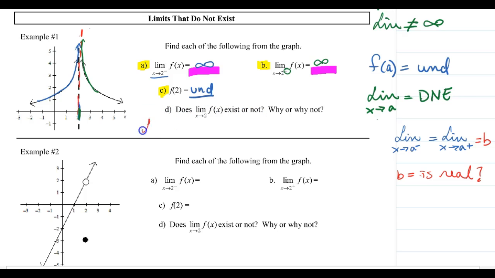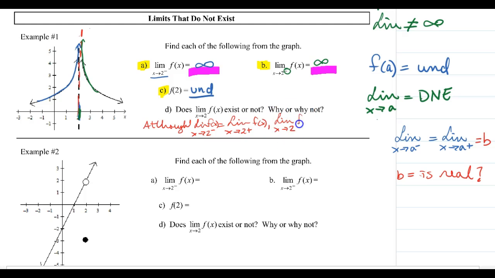I would write this out: although the limit as x approaches 2 from the left equals the limit as x approaches 2 from the right, the limit does not exist.